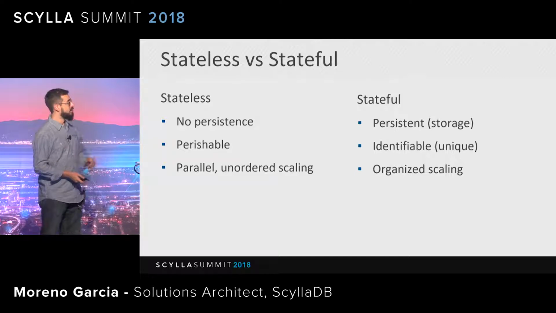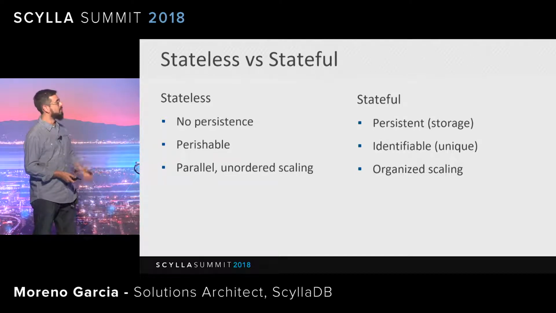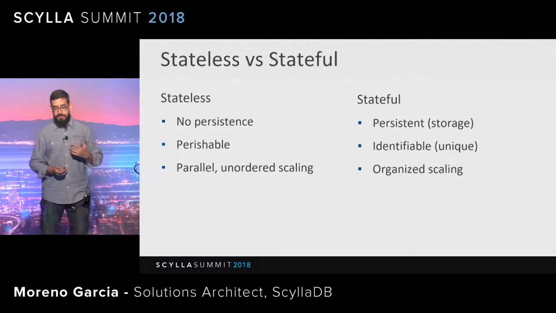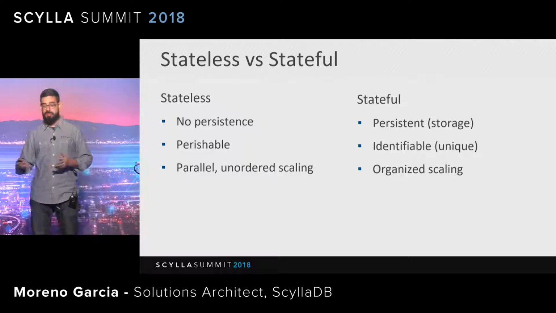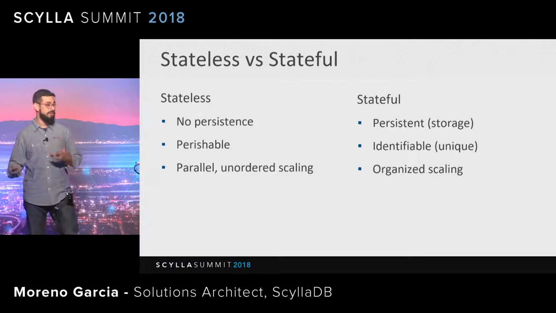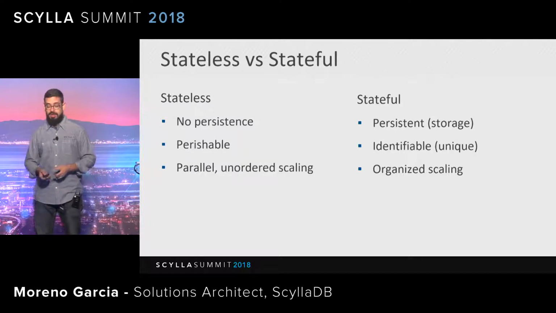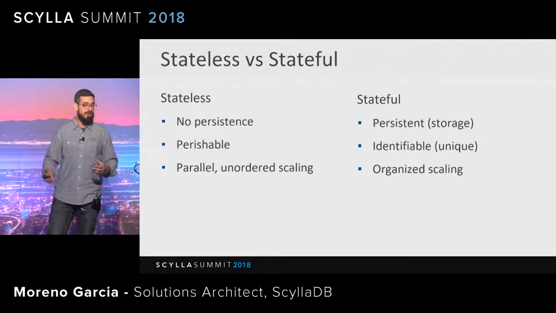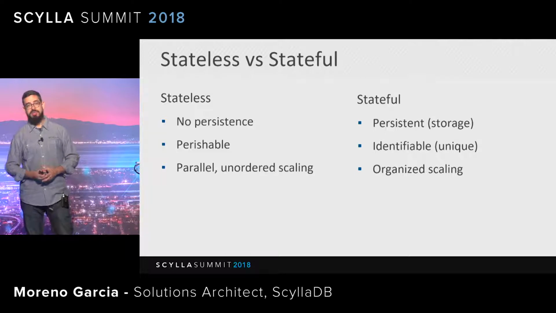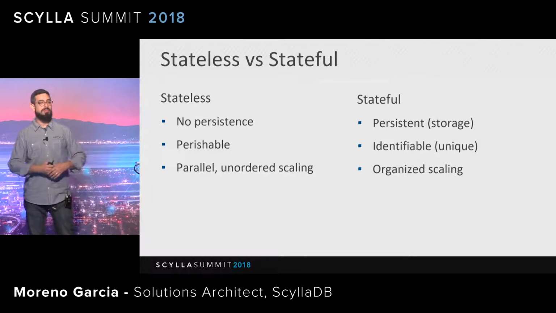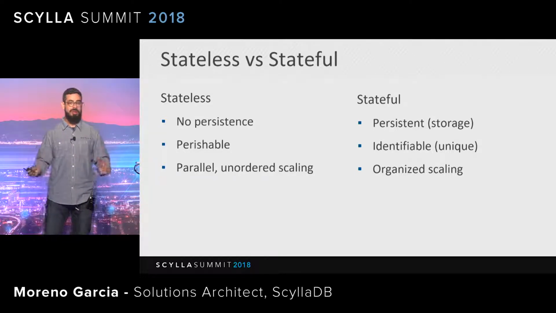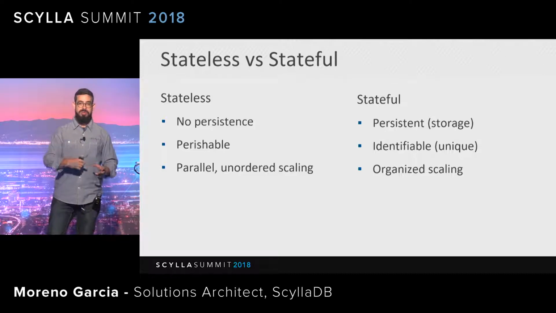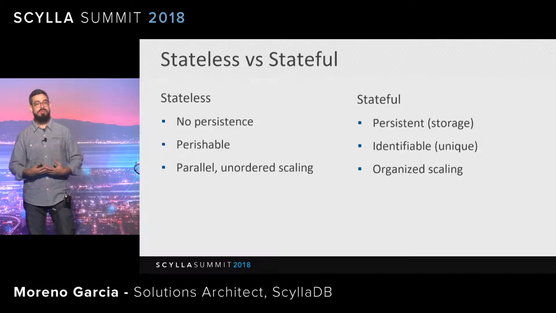Stateless applications don't need to persist, they're perishable. And stateful applications are persistent. They're usually unique, and they need to be deployed in an organized manner. You cannot just deploy multiple instances in parallel because they need to talk to each other. They need to be in sync somewhat.